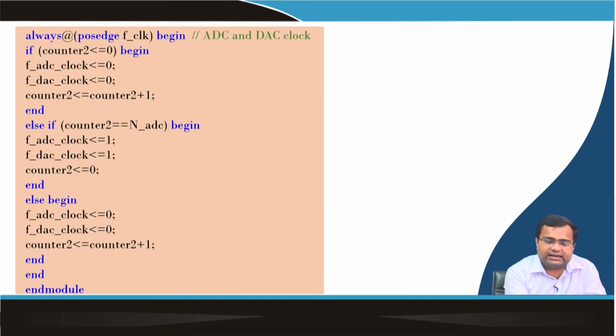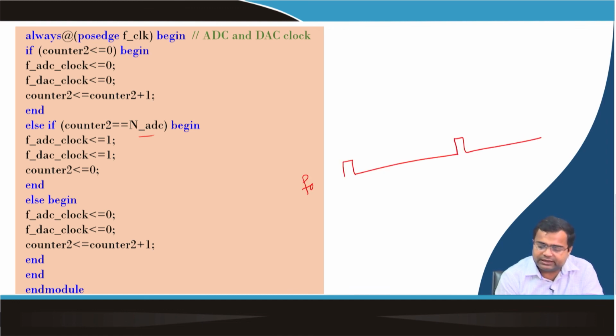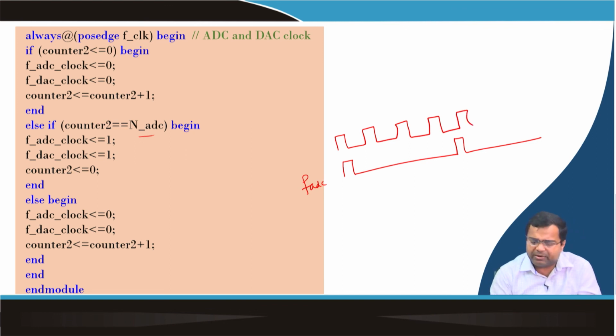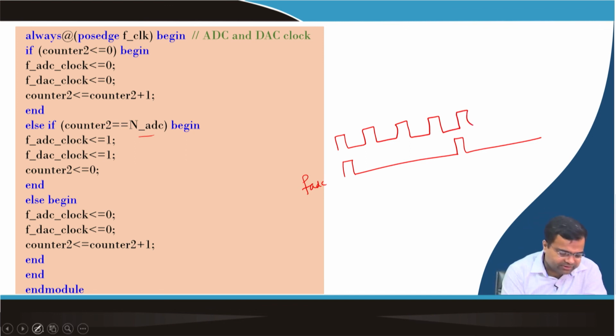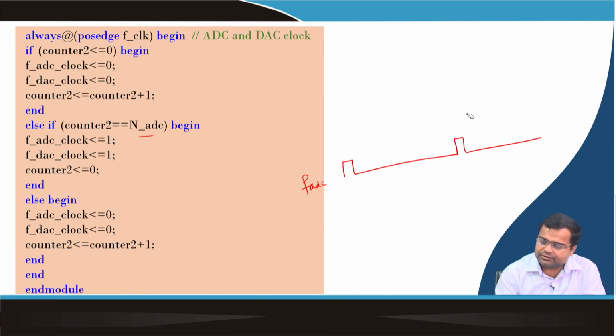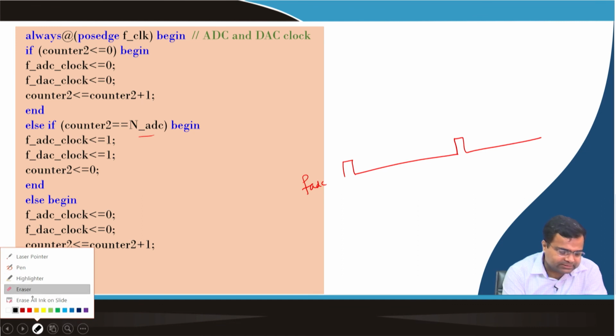Now we can generate the ADC clock. It will count from N ADC up to that. It will first clock this, then next clock this, like this. Maybe my drawing is not perfect, so you can try drawing.